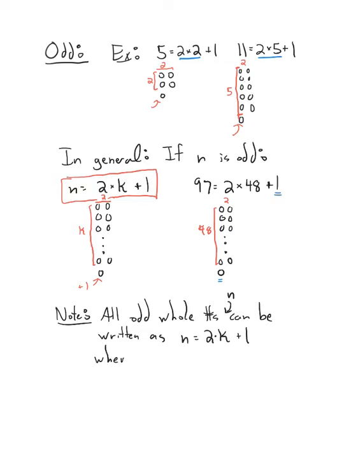And I introduced this variable k, so whenever you introduce a variable, it's good practice to tell people what that variable is. So where k is another whole number. So we know how to write a general even number, and we know how to write a general odd number. So let's see if we can do some algebra with these.